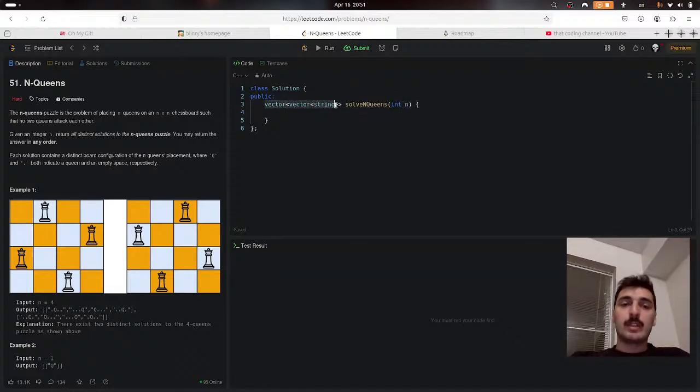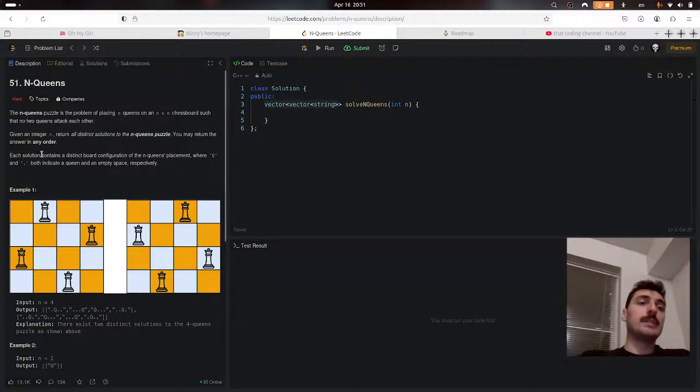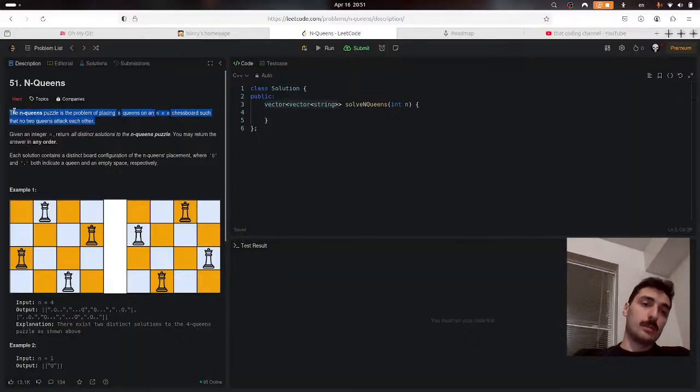All right, we have this problem. We're taking a vector of strings. The N-Queens puzzle is the problem of placing n queens on an n by n chessboard such that no two queens attack each other.